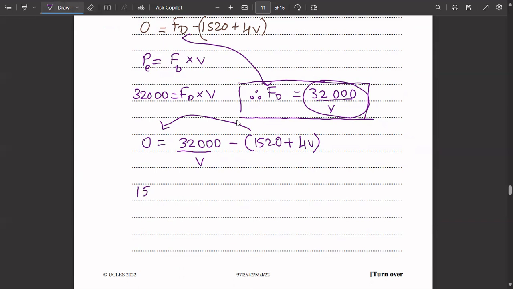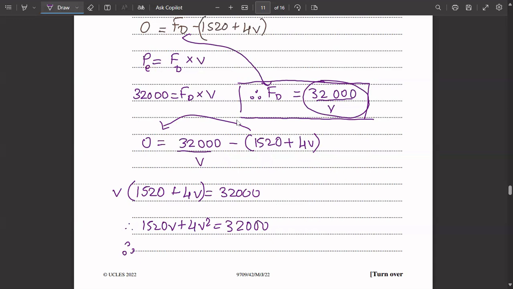We'll get 1520 plus 4V is equal to 32,000 upon V. And now this V will go there, which becomes V bracket 1520 plus 4V. And we can remove this now. Therefore, 1520V plus 4V square is equal to 32,000.